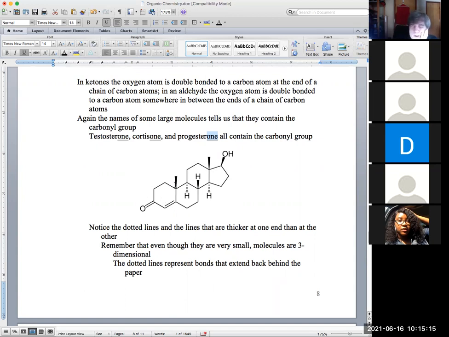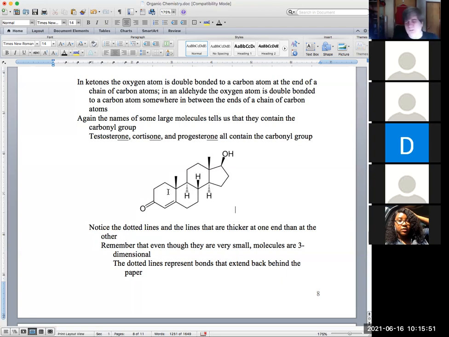Now notice in this particular Kekule model, there are some of the bonds that look a little bit different. Some of the bonds are represented by dashed lines, and some are represented by lines that are thicker at one end than the other. They're often called wedges. To think about what these represent, we have to go back to something I've already mentioned a couple of times. Even though they're very small, molecules are 3-dimensional.